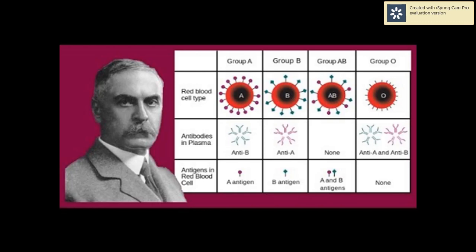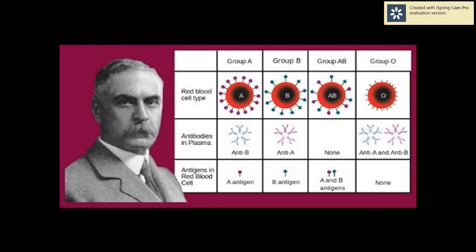Now I would like to give you another important piece of knowledge. Blood group O does not have antigens on its surface, neither A nor B, so it is termed O. It is the universal donor.